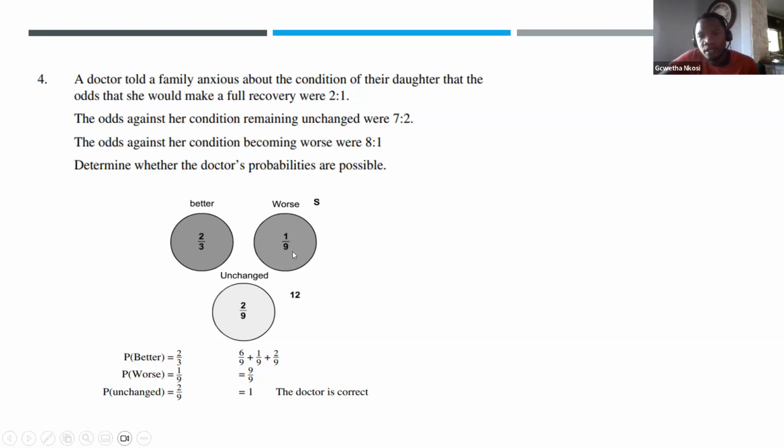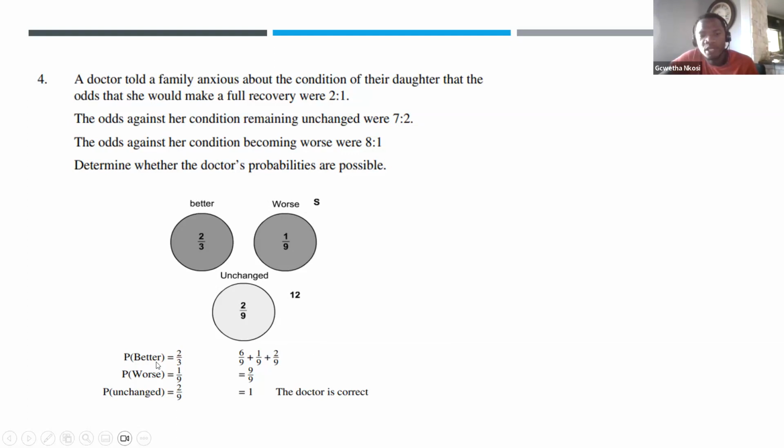So you've got 1/9. For full recovery, you would have 3 to 2. For remaining unchanged, the total is 9, therefore it should be 2/9. So these are the kinds of probabilities that you are looking at.